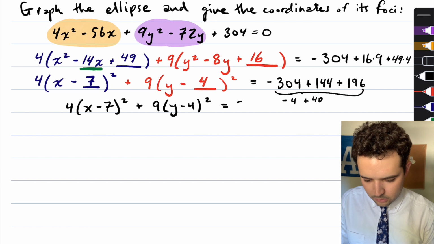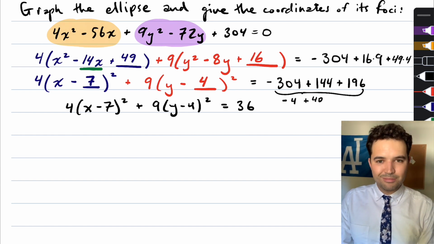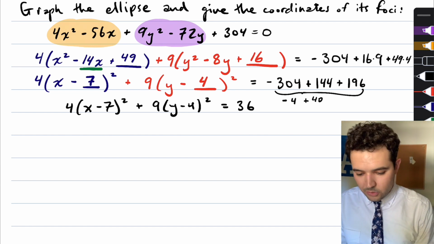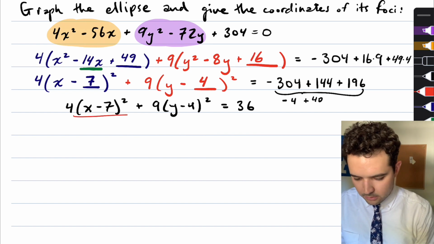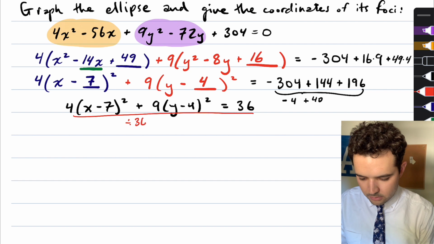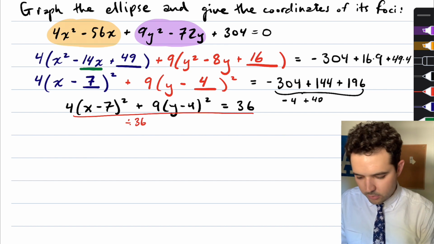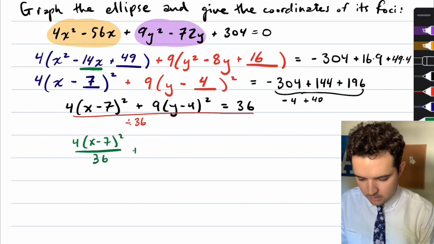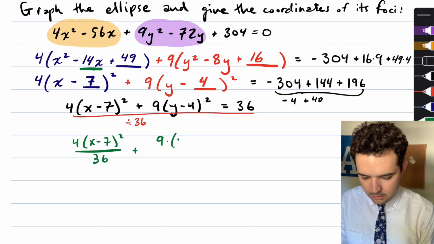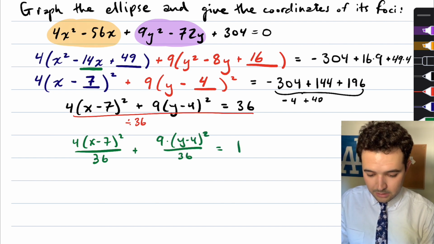So altogether, that'll be 36 over here. And now to get this into our familiar form for the equation of the ellipse, I'll divide the entire equation by 36. This simplifies to be 4 over 36 here, plus 9 times the quantity y minus 4 squared over 36 here is equal to 1.